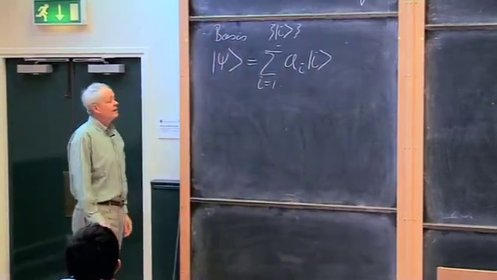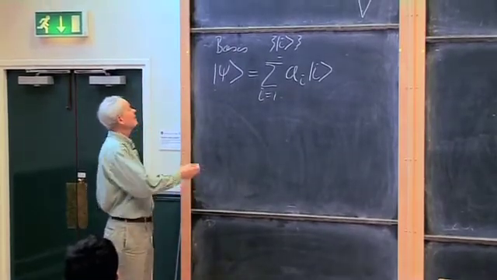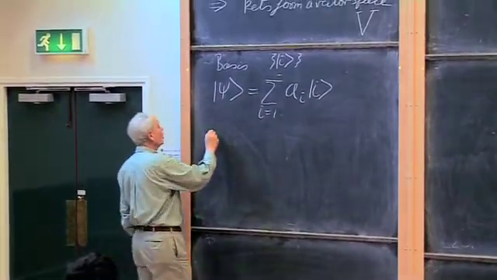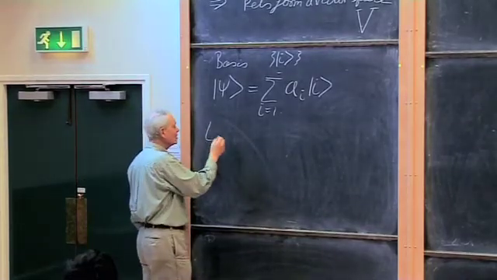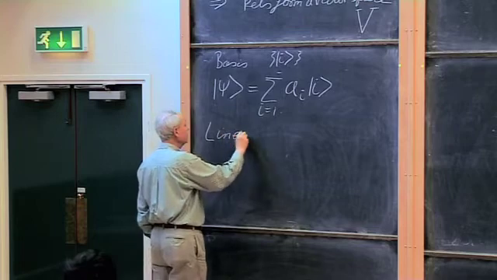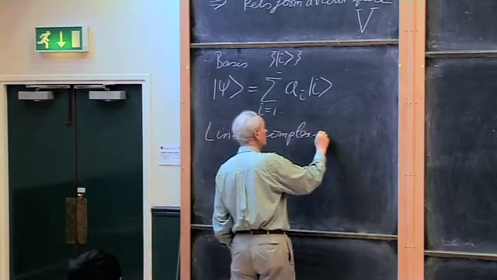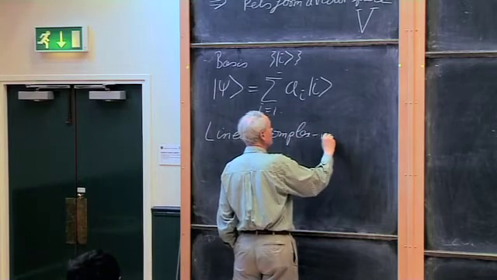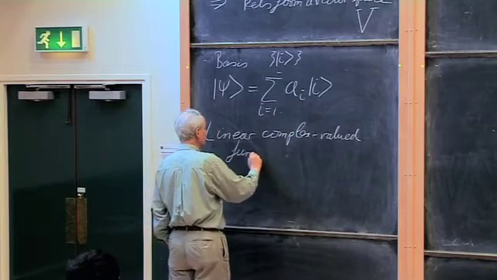Then we have the idea of an adjoint space. I hope I'm just reminding you of stuff that you've already met. We are going to be very interested in the linear complex valued functions on kets.